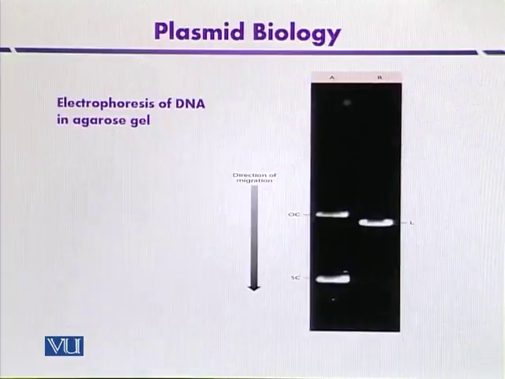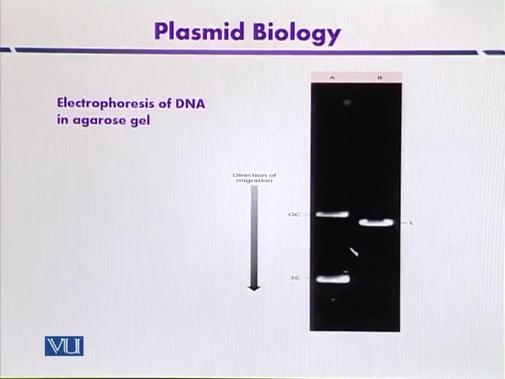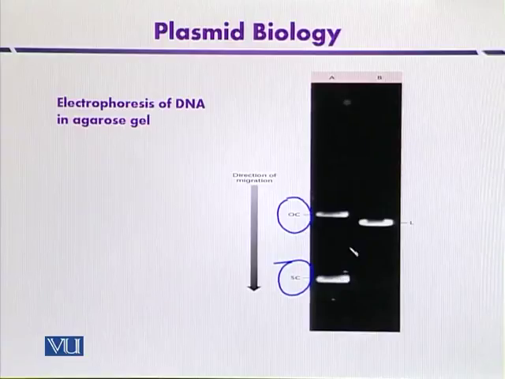So it is evident from this diagram. It shows the electrophoresis of DNA on agarose gel, and the comparison is between the open circle DNA and the supercoiled DNA, which we can call OC or SC DNA.